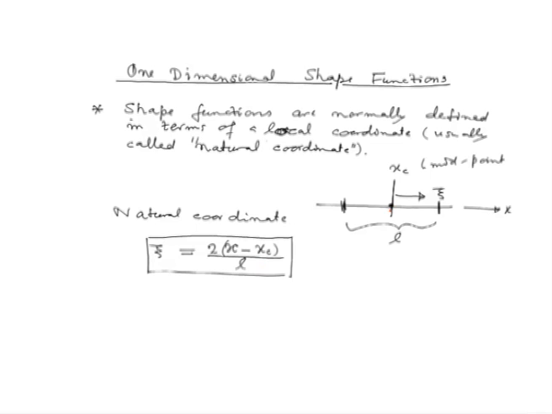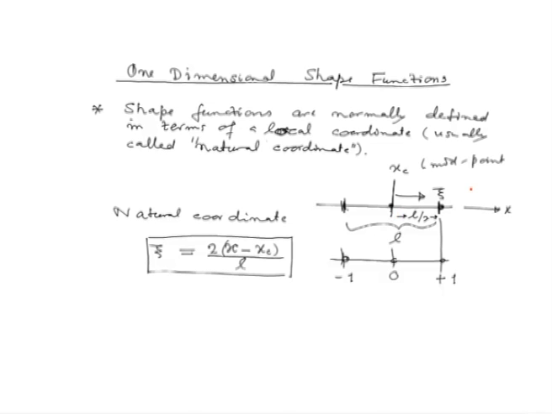So, at the midpoint, the way we have defined, it should evaluate to 0. What happens to the extreme ends? In terms of xi, if you draw the same element, our xi coordinates are 0, minus 1, plus 1. At the extreme right end, it is very easy to see, this part is L by 2.